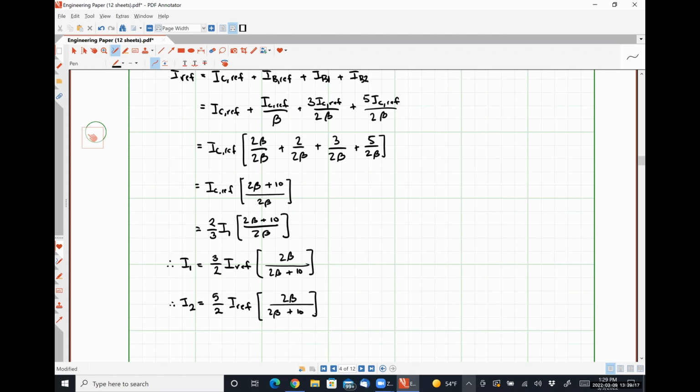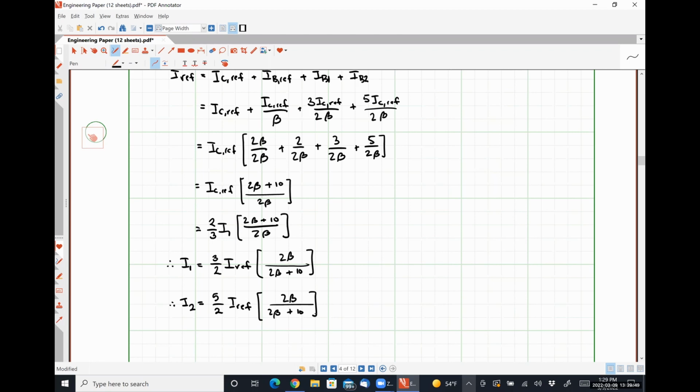So what this is telling us is that obviously twice beta is smaller than twice beta plus 10. So our copy current I1 and our copy current I2 are slightly smaller than their expected values of 3/2 IREF and 5/2 IREF, right? So this bit right here represents the error.